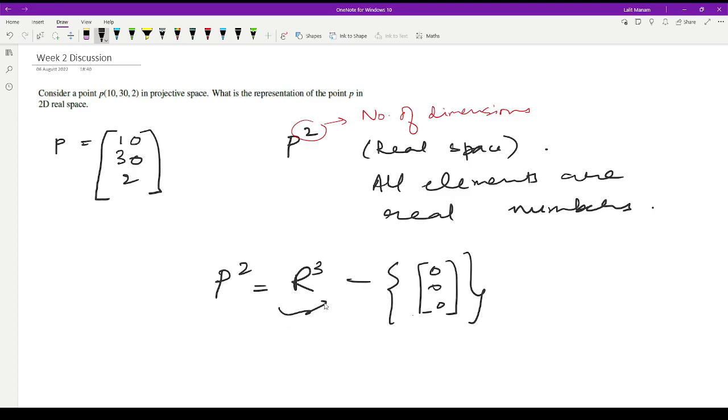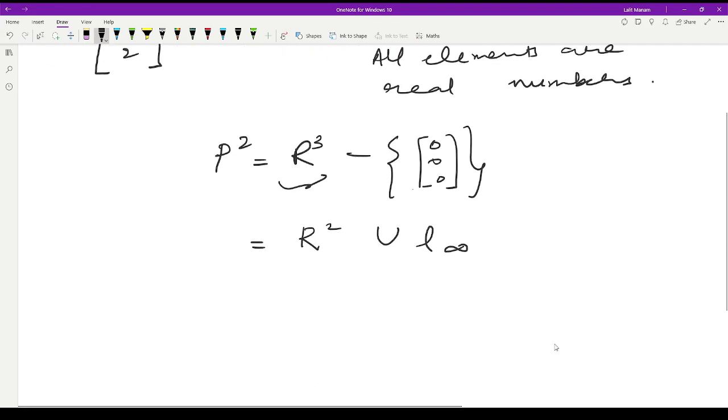Or you have another equivalent representation if you have gone through a few lectures more than lecture number 5. It can also be represented as R2 union L infinity, where R2 is the 2D real space. This is the 3D real space, and this one is the 2D real space, the usual one.